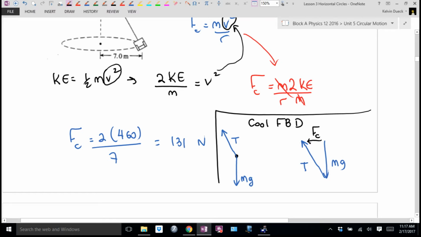Isn't that nice? I didn't fib. When you're moving in a circle, what direction is your net force always? Toward the center. Oh, and I knew to stop drawing tension, Simone, right there, because I know the net force is horizontally towards the center, because it's a horizontal circle.